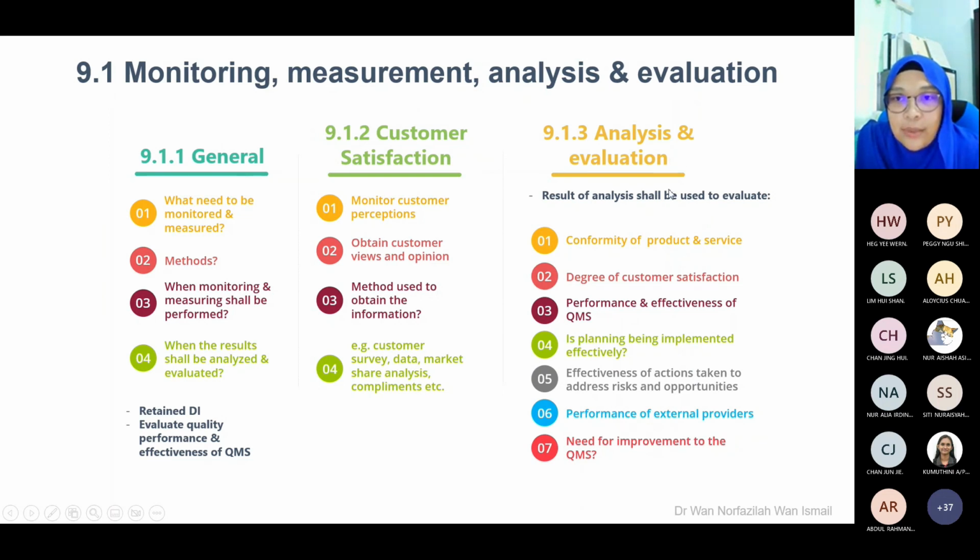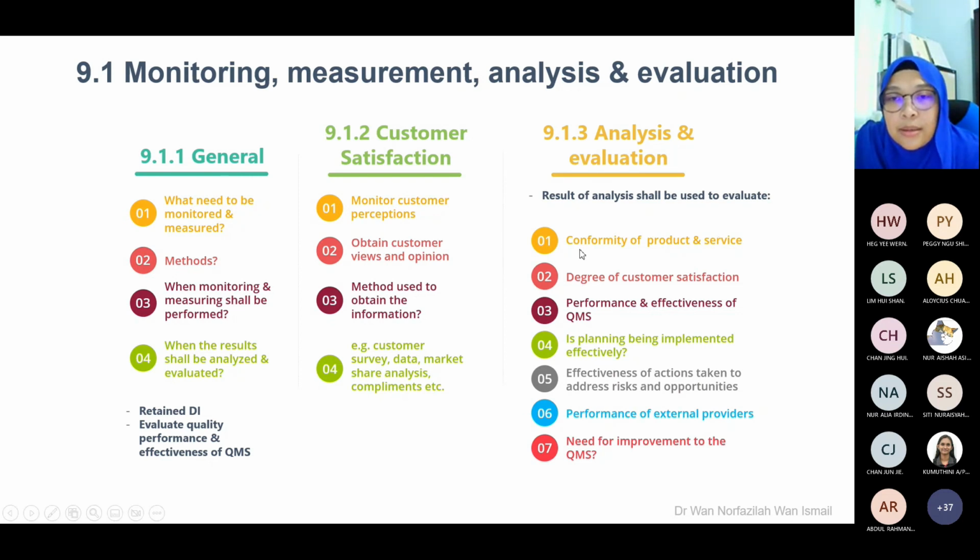9.1.3 is analysis and evaluation. So how can the results of analysis be evaluated? One of them is looking at the conformity of product and service. Let's say the customer requires you to finish the experiment or the testing for their sample in 2 weeks time.